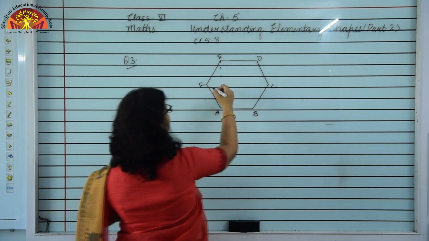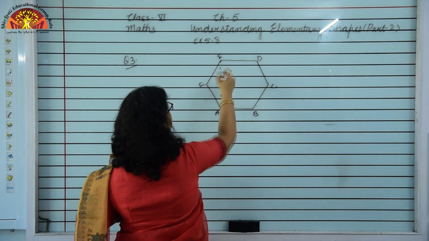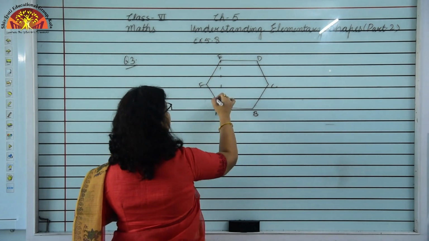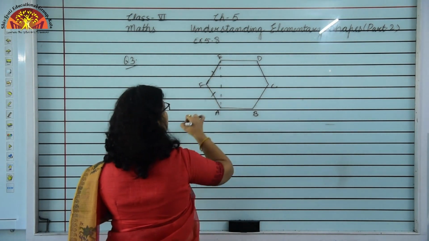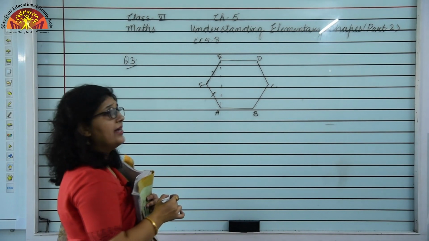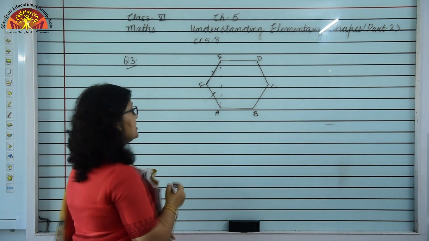कौन सा triangle होगा? Because in this triangle AEF, AE and EF are equal, and when we have two sides equal, then the triangle is an isosceles triangle.